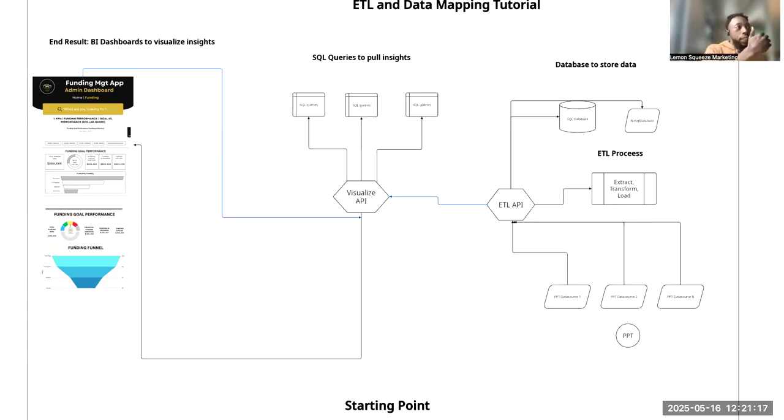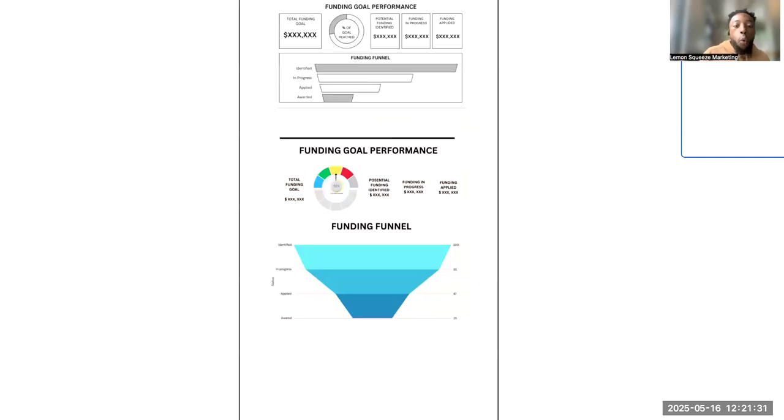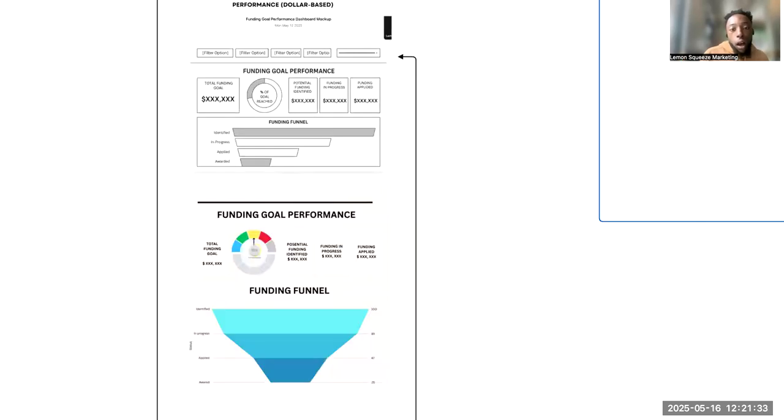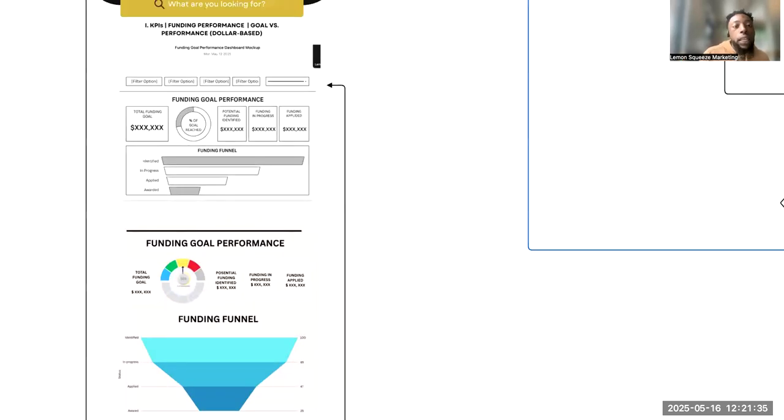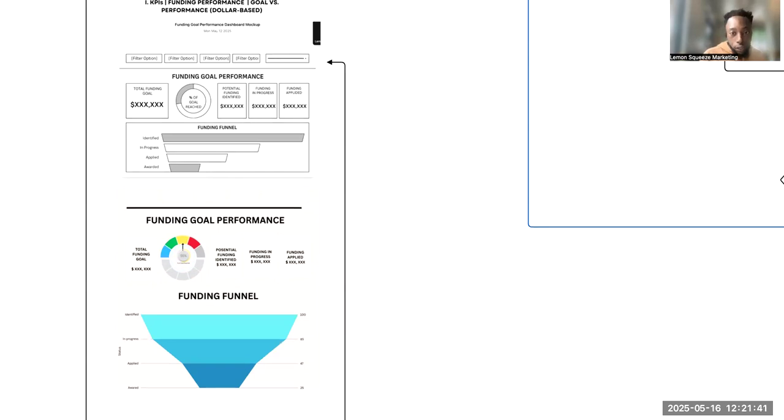So taking the business use case, transforming that into technical requirements, and creating queries that will actually answer that question. For example, let's look at one of our cards that's not so obvious. One of the cards we need to fill in is the potential funding identified and also the percentage of our goal reached, right?